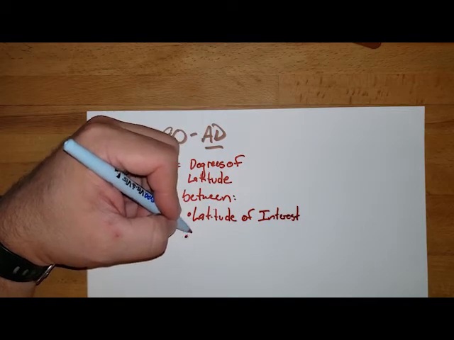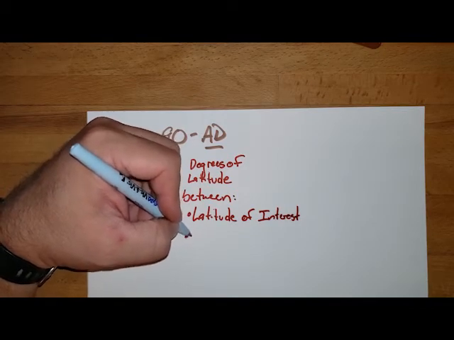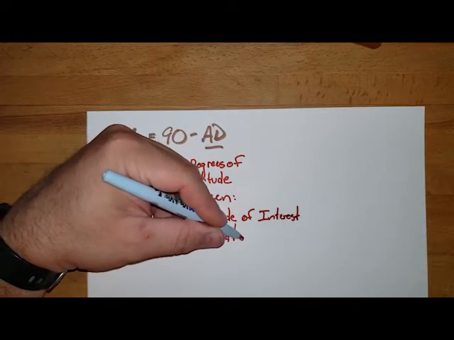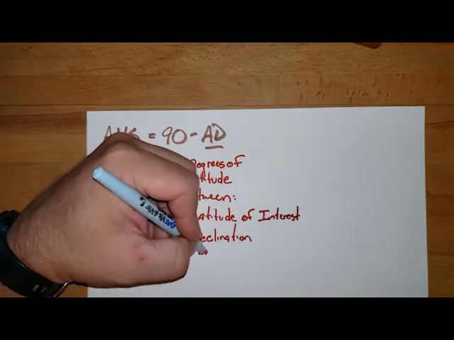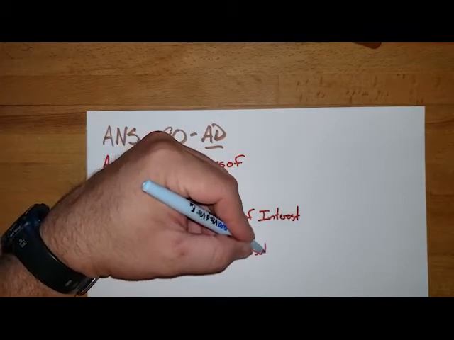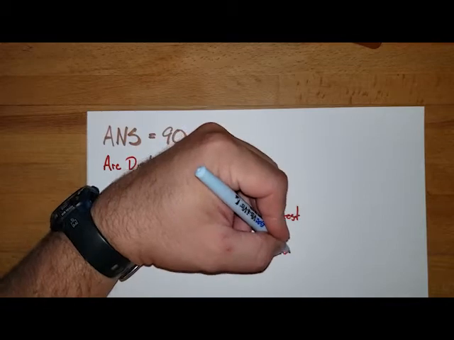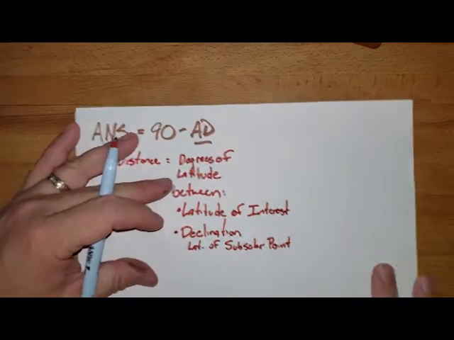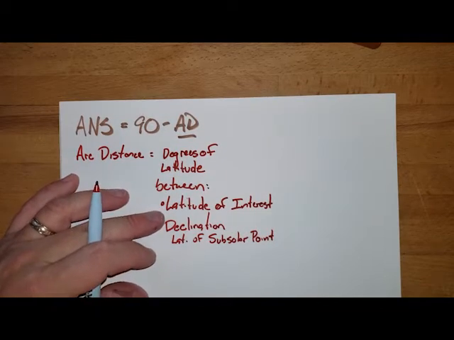So we're going to say that it is the declination, or sometimes I will say it's the latitude of the subsolar point. Okay, how do we get this stuff? The first thing we need to do is figure out our latitude of interest.